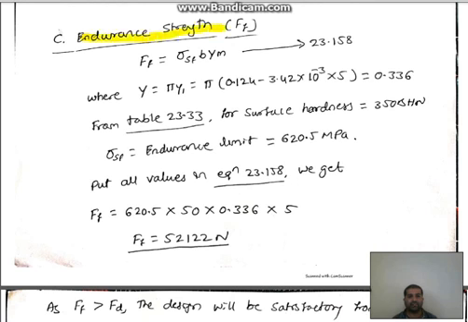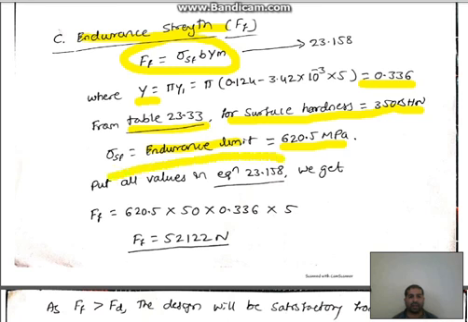C bit, endurance strength. The endurance strength equation is given here. The capital Y is pi Y1, where Y1 is the Lewis form factor of the weaker member. Calculate Y1. Then calculate capital Y. From the table 23.33, for surface hardness 350 BHN, the endurance limit value is 620.5 MPa.